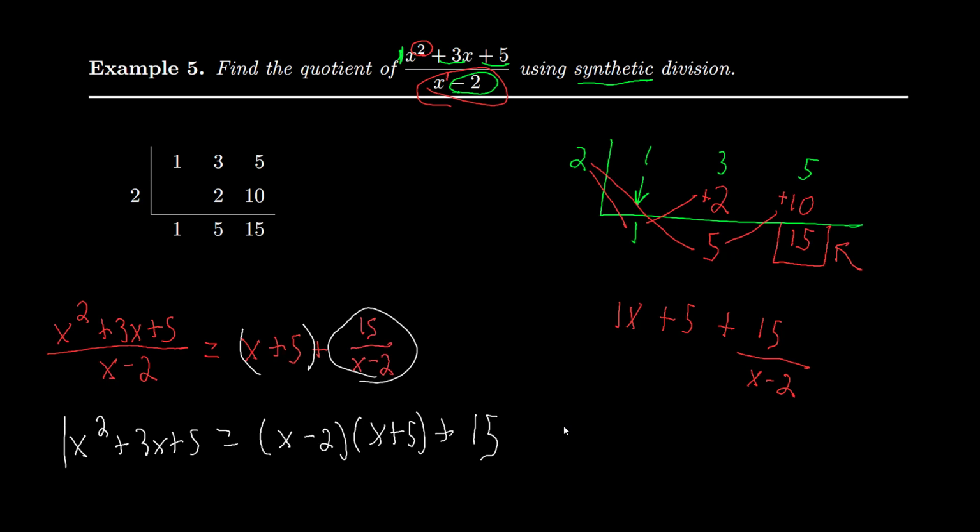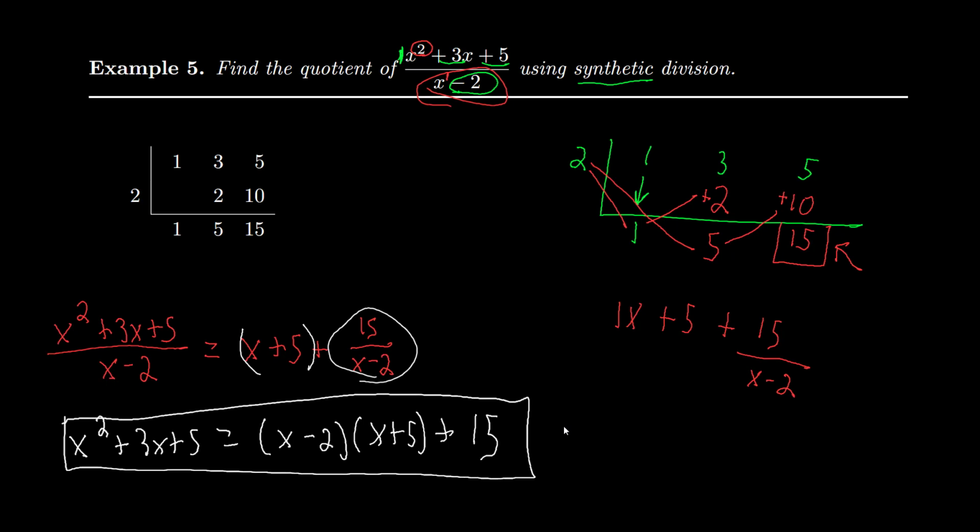And this should look a little bit more familiar. So what it's saying is you can write the numerator as what you divided by, times what you got, plus your remainder. That's the division algorithm. Cool.